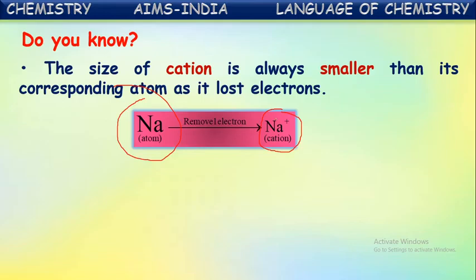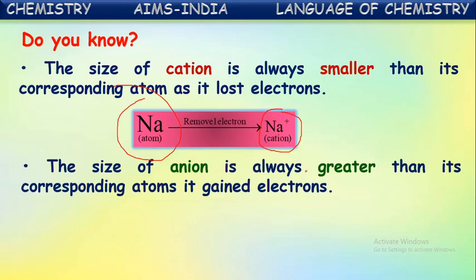So size will decrease. So cations always have smaller size than their original atoms because these atoms are losing electrons to form these cations.